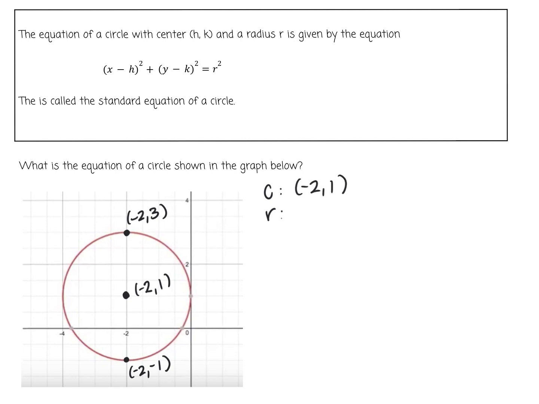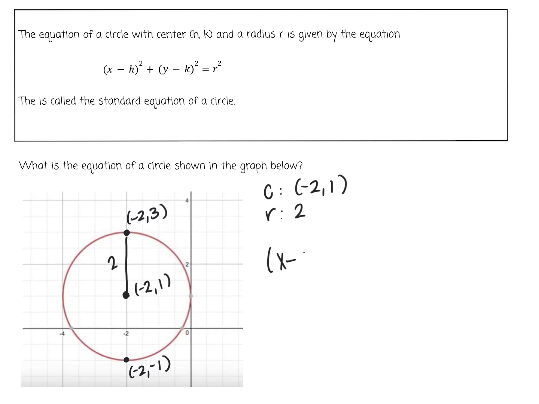My radius, I'm then going to go to one of those points on my circle, and I'm going to find its distance. So the distance from -2, 1 to the point -2, 3 is 2. So my radius is 2. So when I put this in my equation, it's always x minus.